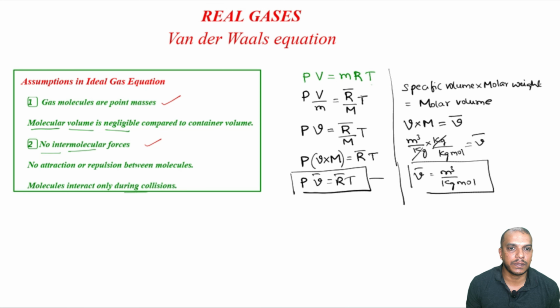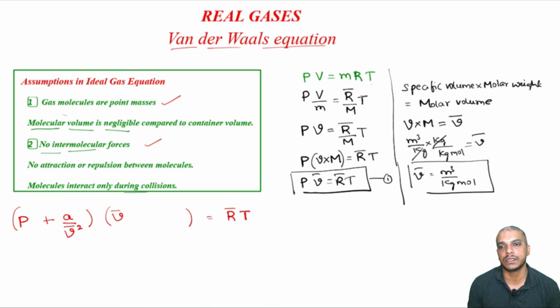Now let us call this equation 1. We will start with equation 1 and we will try to consider molecular volume as well as intermolecular forces. Then that equation becomes the Van der Waals equation or real gas equation. So let me rewrite equation 1. Pressure here should be multiplied with V bar, and on the right side we have R bar T. Now this equation considers A by V bar square here.